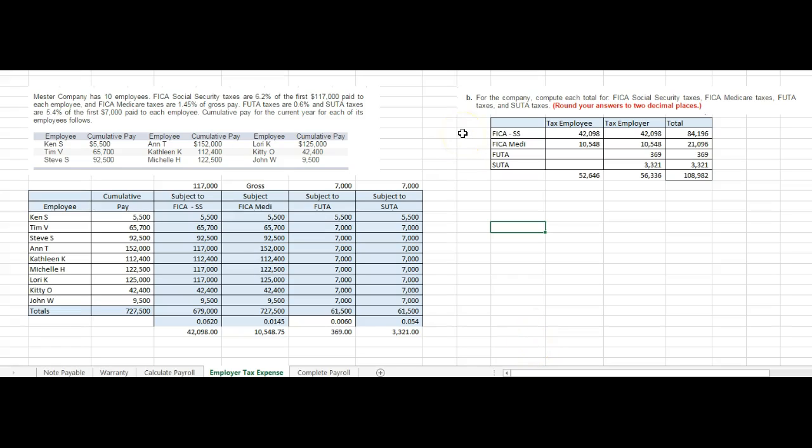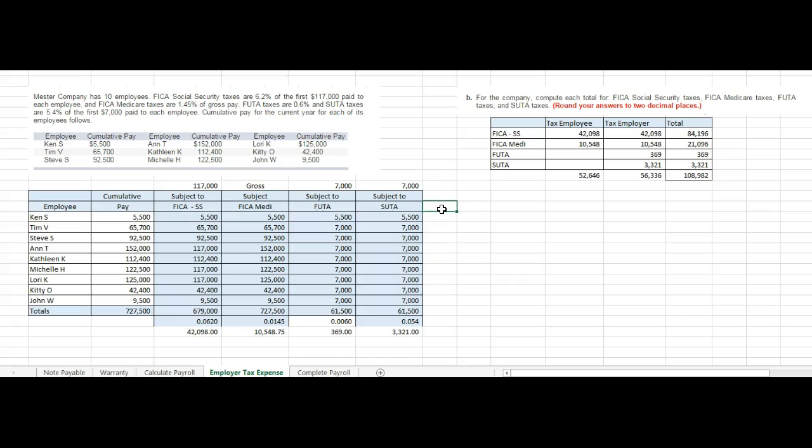And these are called payroll tax expenses. Employer payroll tax expenses usually involve FICA Social Security, FICA Medicare, federal unemployment tax, and state unemployment tax. There can also be maybe workman's comp added in there.